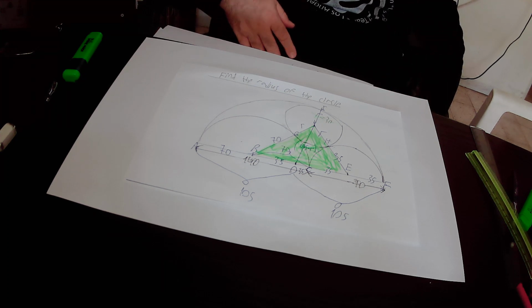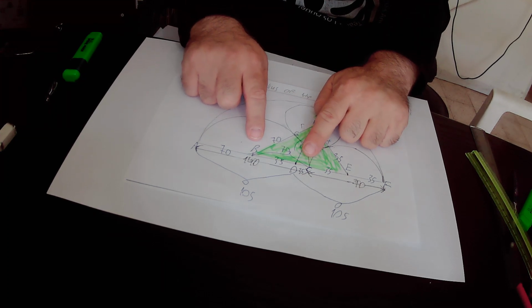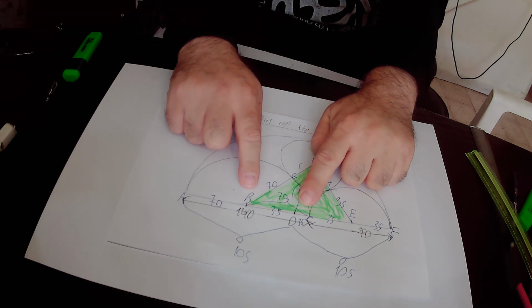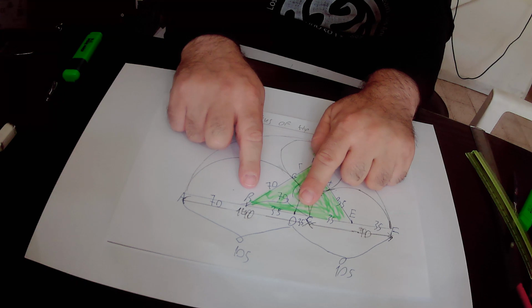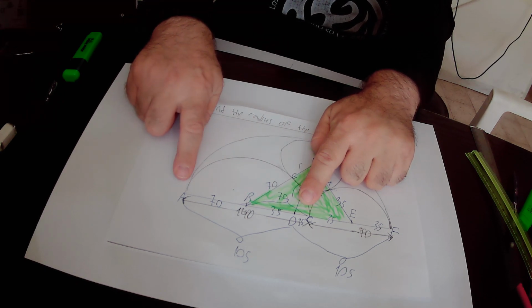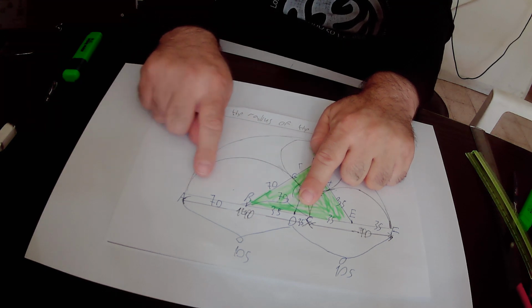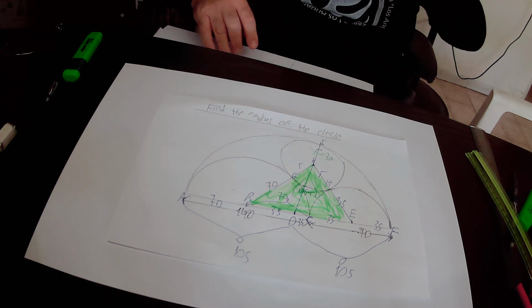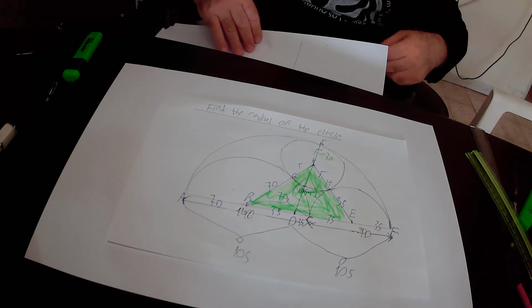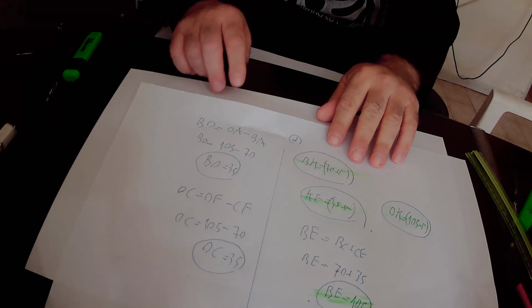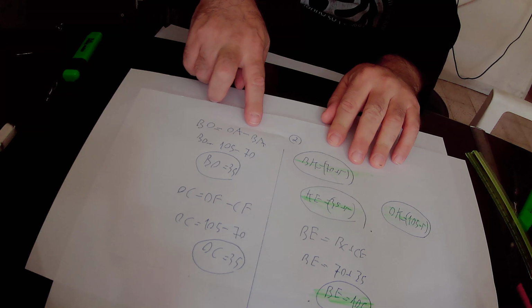And what is the length of line segment BO? From the drawing, it is very easy to see that BO, or OB, equals OA minus BA. OA minus BA equals BO. Repeat again: BO equals OA minus BA.